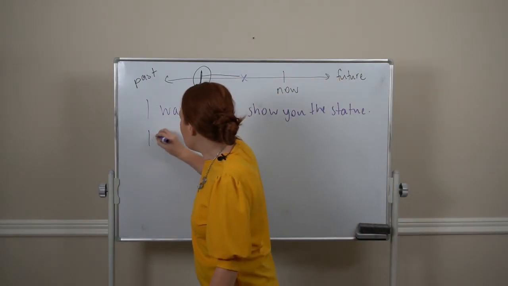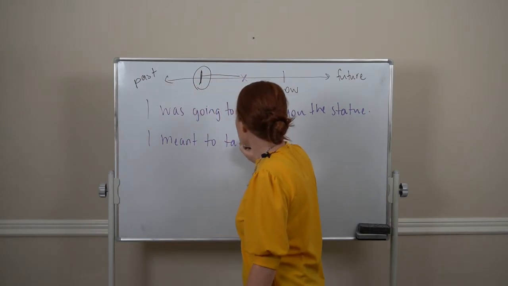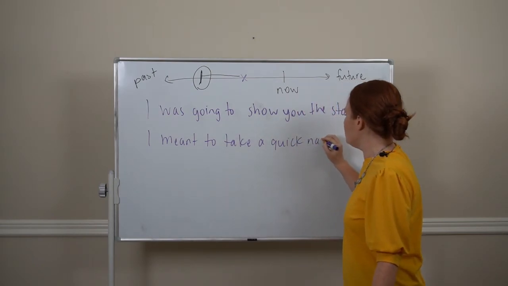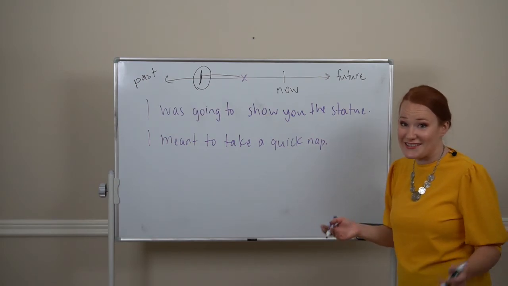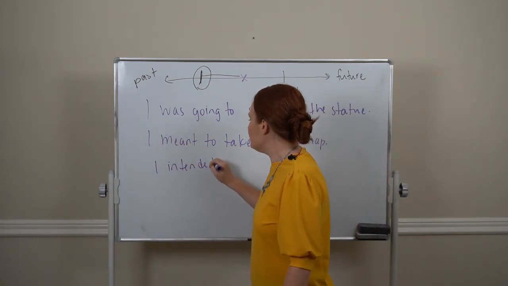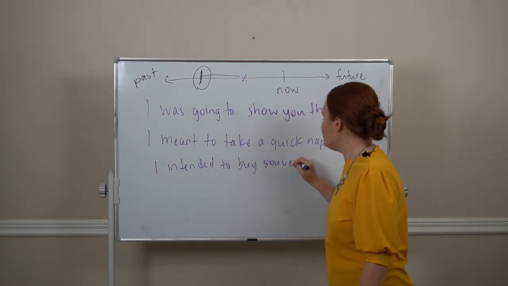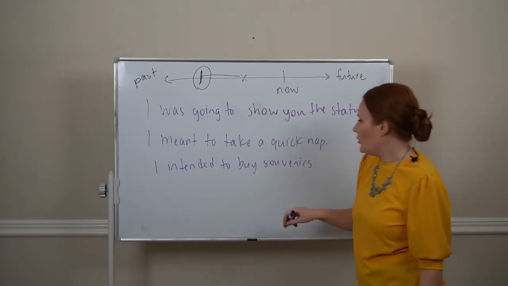We could use meant to. I meant to take a quick nap, but instead I was asleep for 5 hours. I intended to buy souvenirs, but I ran out of money.